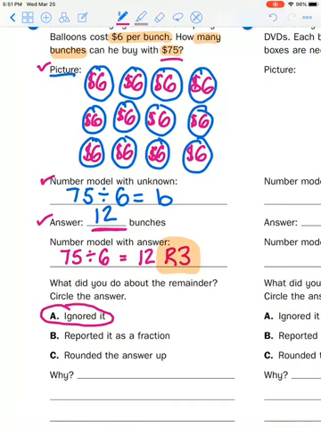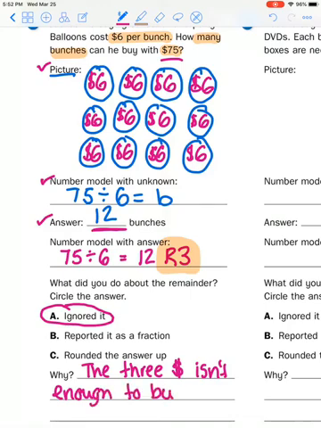They didn't talk about getting more money, so you can only split $75 until you run out of money. So the $3 isn't enough to buy another bunch of balloons because they cost $6 each. So this is an example of where you would need to ignore the remainder.